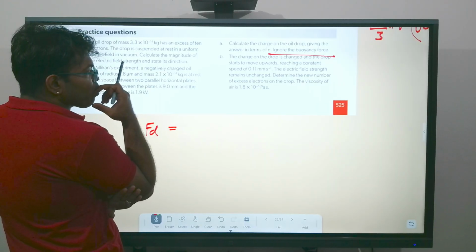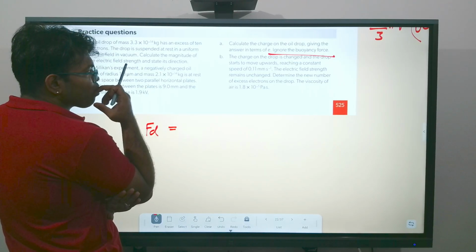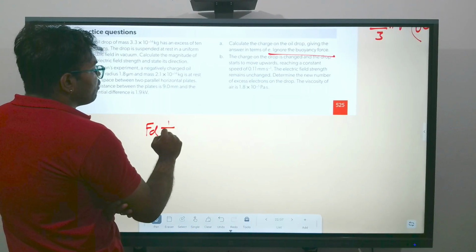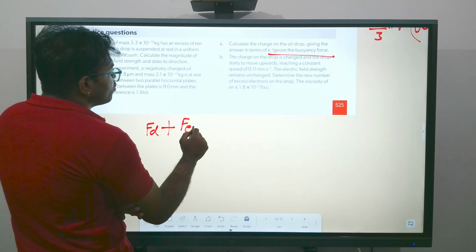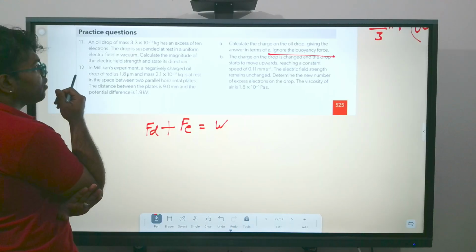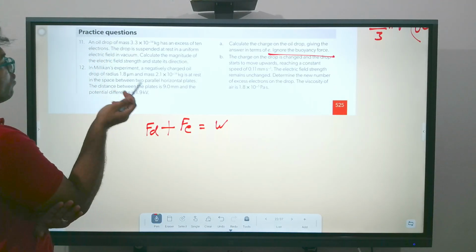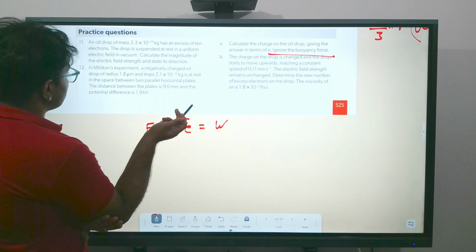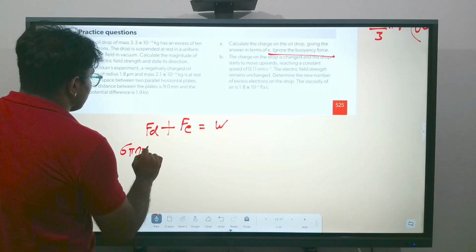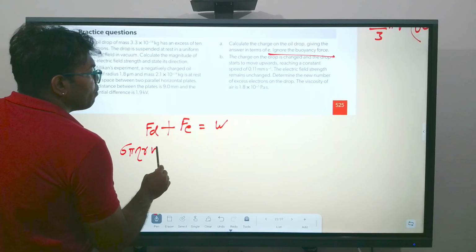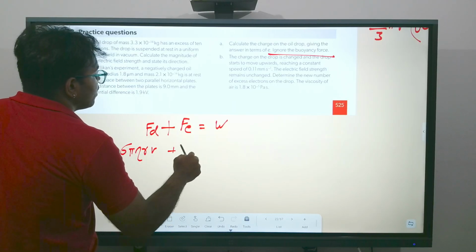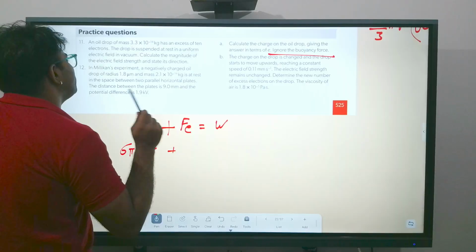The drag force plus force due to electric field should be equal to the weight. Okay, so we know the mass now, 6 pi nRV plus, what did we calculate?